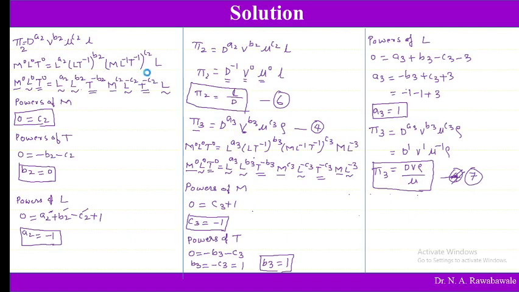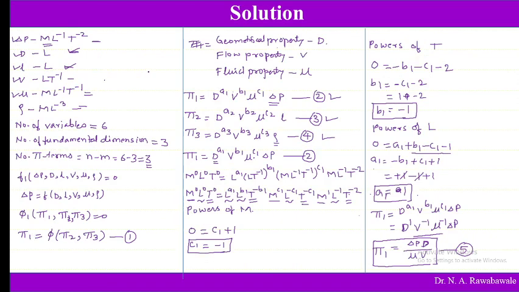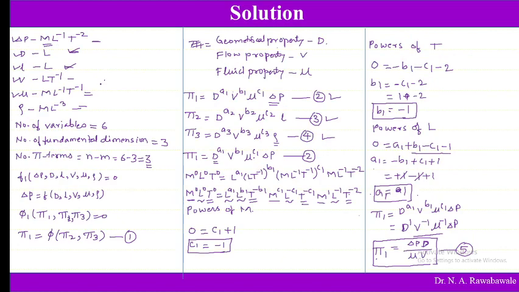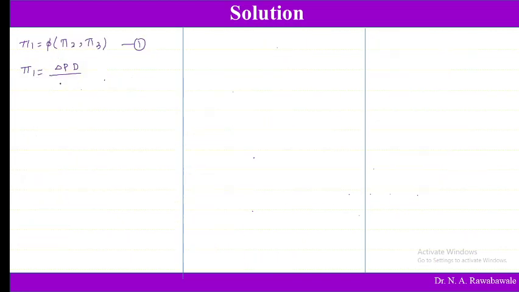So we collect the pi 1 term. Pi 1 is equal to delta p d divided by mu v. This is equation number 5.